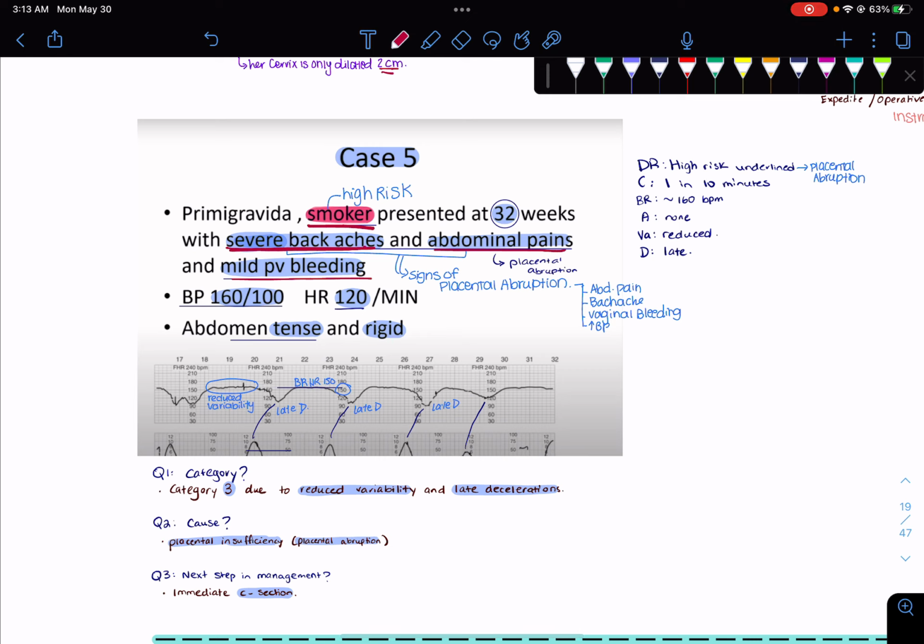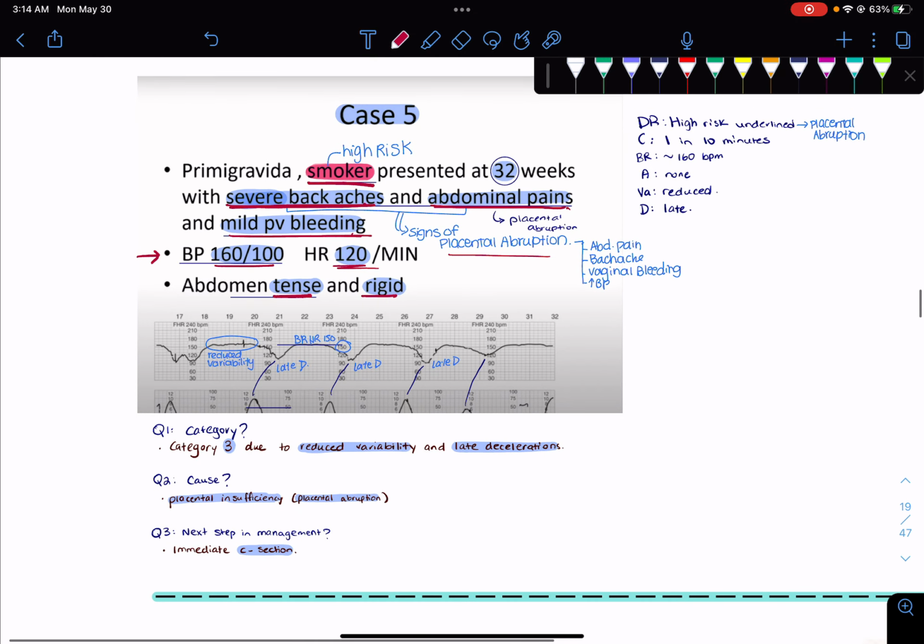Severe back ache with abdominal pain or vaginal bleeding. This is signs of placental abruption. Okay. She also has an increased blood pressure, 160/100, her heart rate is 120. Also her abdomen is tense and rigid. This is the maternal blood pressure, not the fetal.